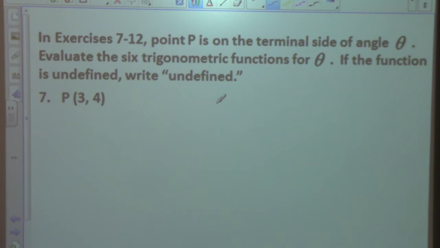Okay, so sine theta is 4 over 5. And then cosine is 3 over 5. Tangent is 4 over 3.